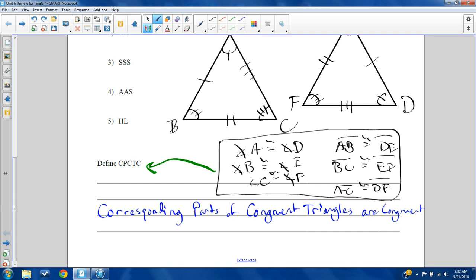What this means, and I'm going to write it in different words. If you substitute the word corresponding for matching, for parts we say sides and angles. Let's keep the of. Congruent triangles, I want to put identical triangles.